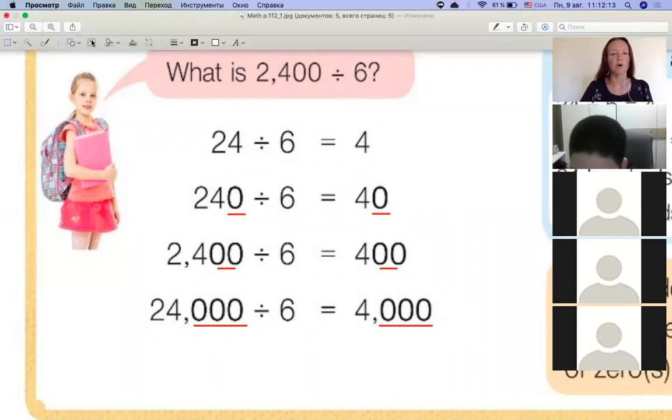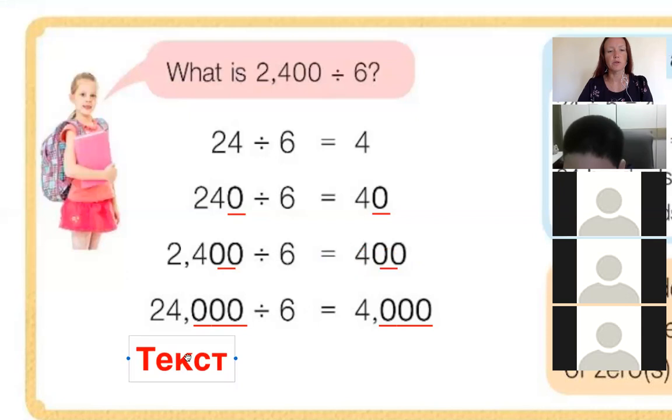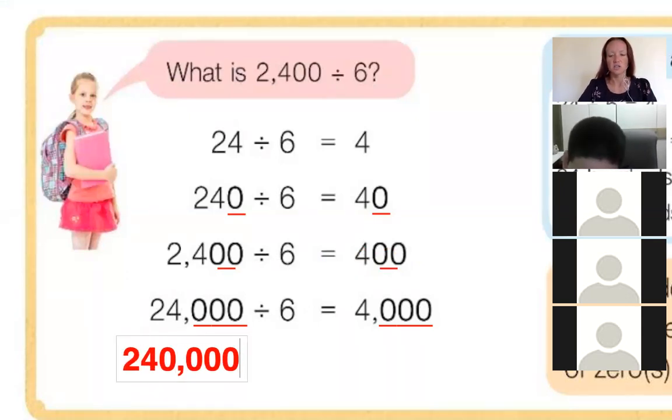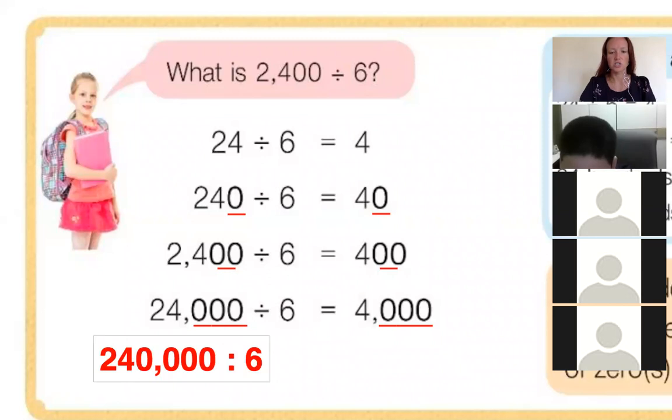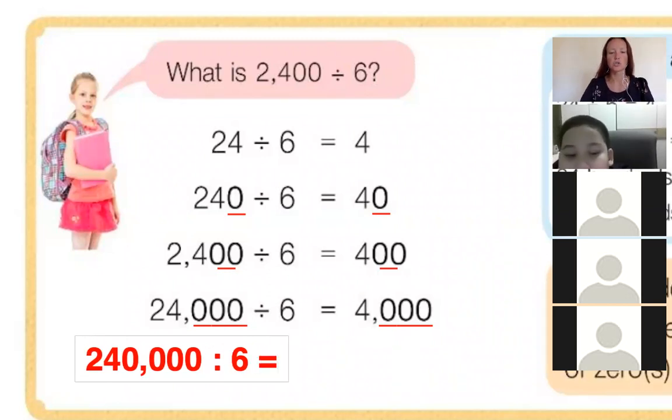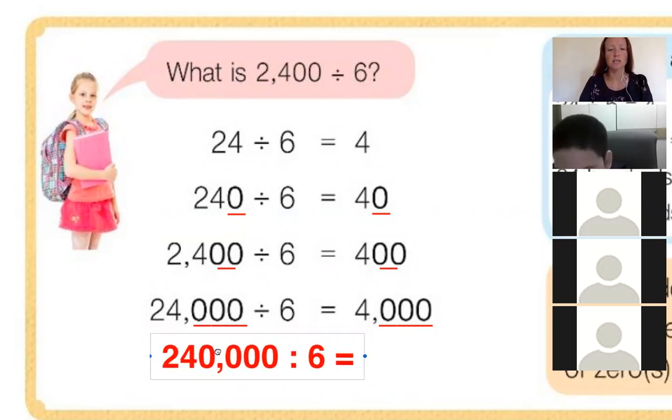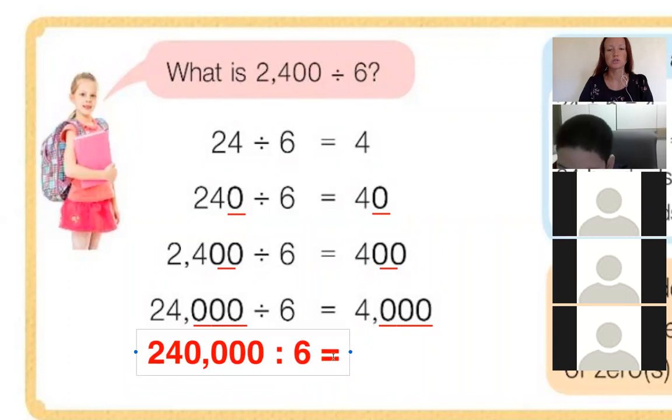Same here. If, for example, you see 240,000 divided by 6, tell me, 240,000 divided by 6 is equal to, tell me, guys.